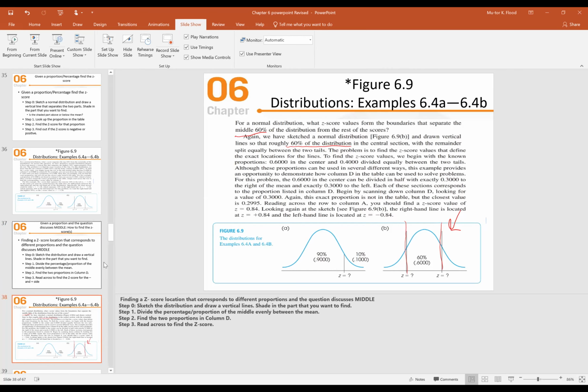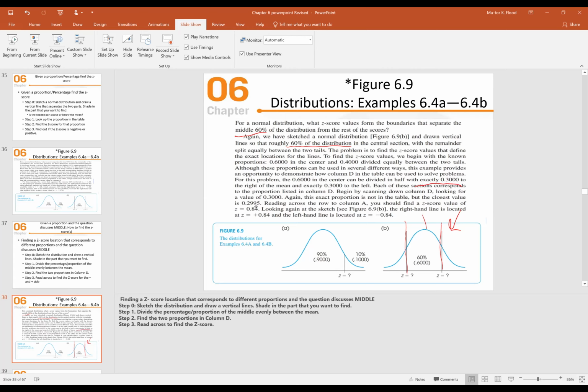So the problem is to find the z-score values, the exact locations for those lines. To find the z-score values, we begin with the known proportion. The proportion is 0.60 in the center, and the 0.40 is divided equally between the two tails. Although these proportions can be used in several different ways, this example provides an opportunity to demonstrate how column D in the table can be used to solve problems. So for this problem, 0.60 in the center can be divided in half.